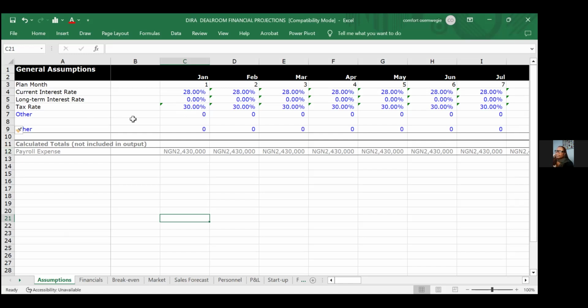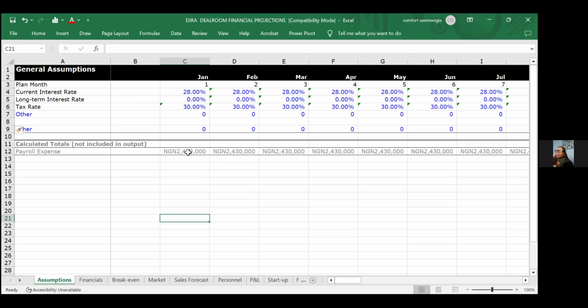So tax rates are captured here. We will need at some point to get either short-term or long-term loans into the business. The short-term loans are captured with the current interest rates, and the long-term loans are captured because we're going to repay back interest over a long period of time.